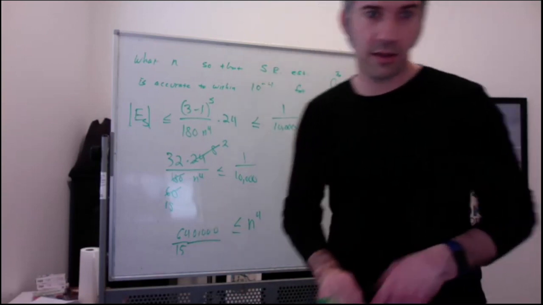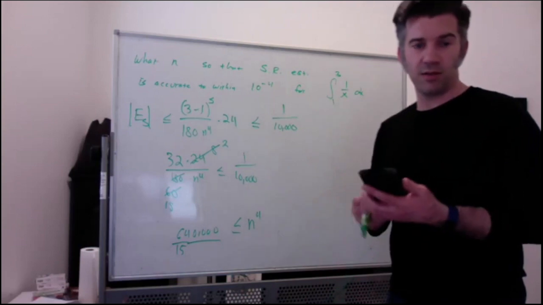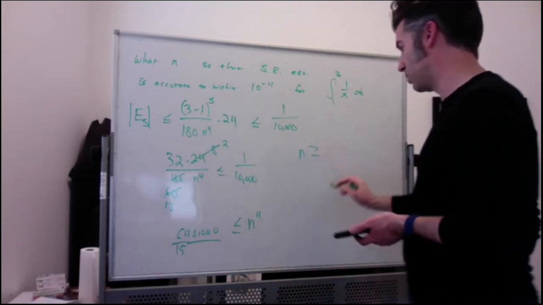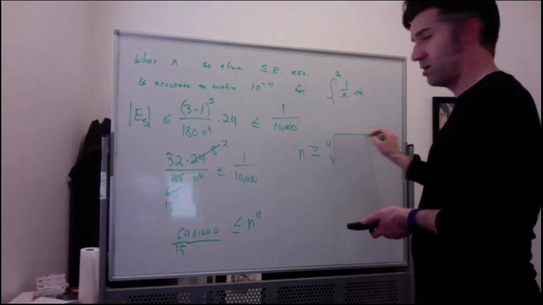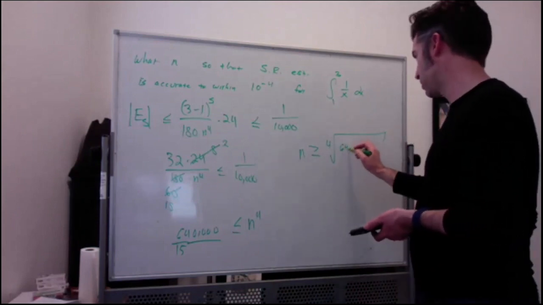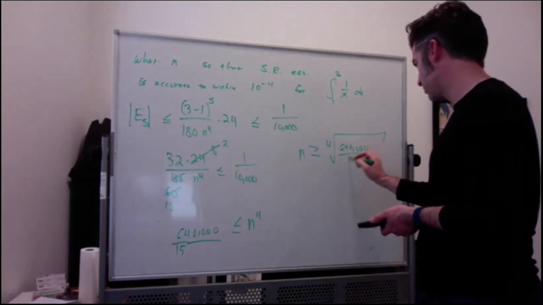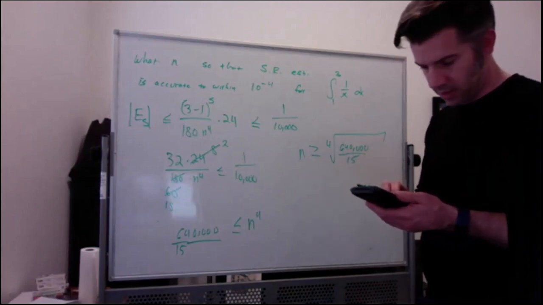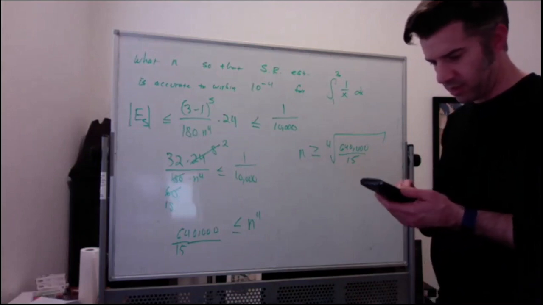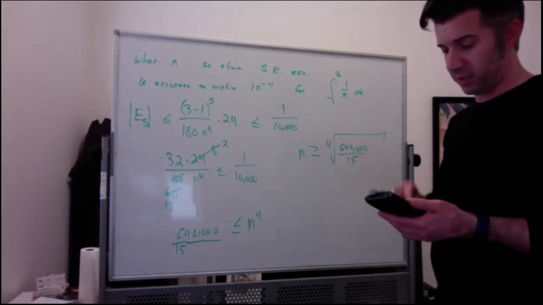All right. What do we get here? So let's take a look. That means n is going to be bigger than or equal to the fourth root of this gross number, 640,000 divided by 15. Let's see what we get. 640,000 divided by 15 is approximately 42,666.